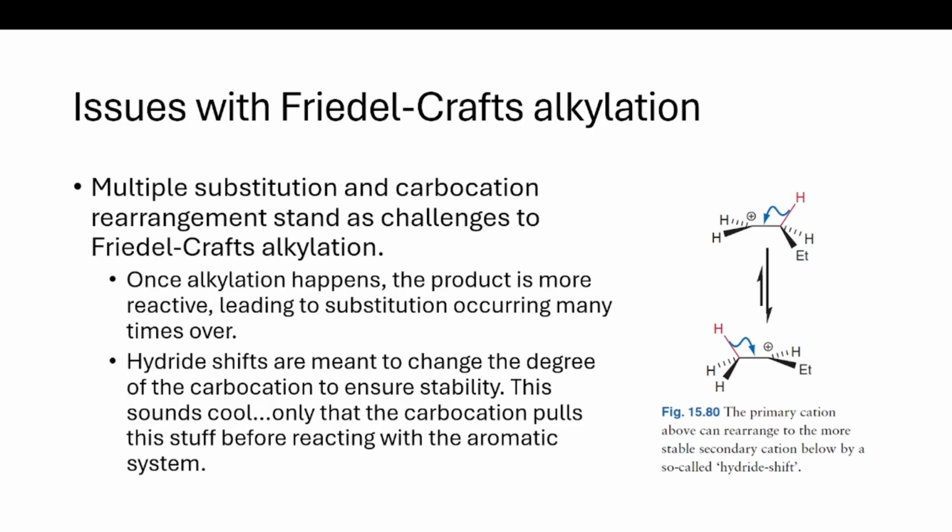And in addition, the carbocation created from aluminium chloride and the alkyl halide can change due to preferences in lowering energy. Remember that the greater the degree of a carbocation, the more stable it is. And therefore, in some sort of hydride shift, that carbocation is going to shift even before it reacts with the aromatic system, which messes things up.